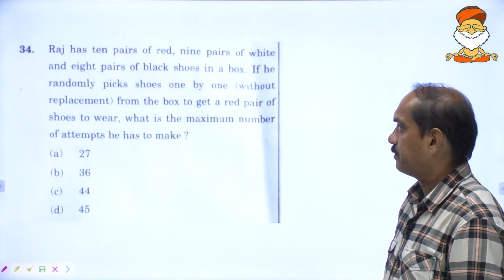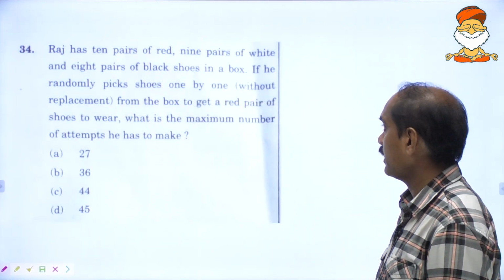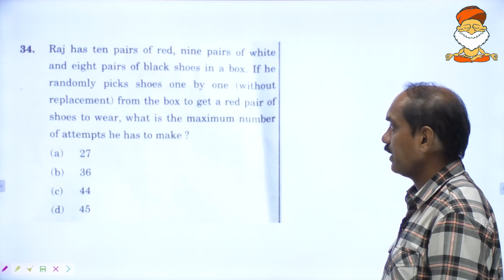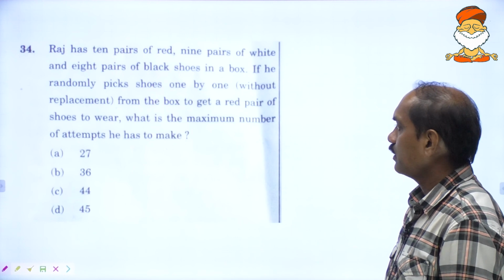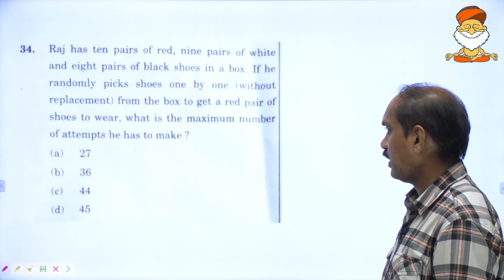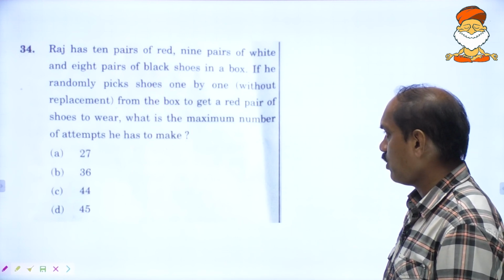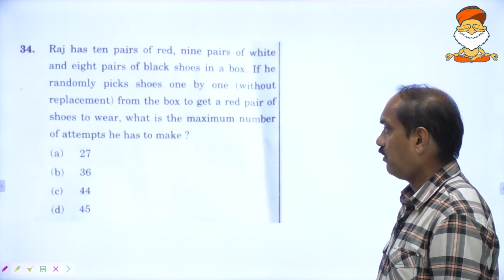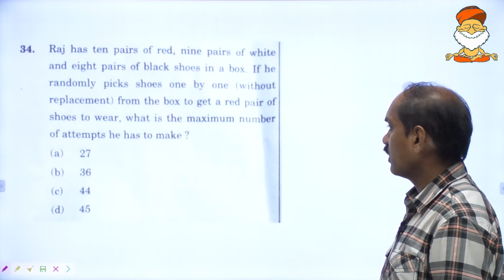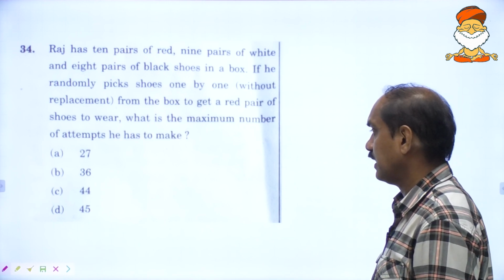Raju has 10 pairs of red, 9 pairs of white, and 8 pairs of black shoes in a box. If he randomly picks shoes one by one from the box to get a red pair of shoes to wear, what is the maximum number of attempts he has to make?